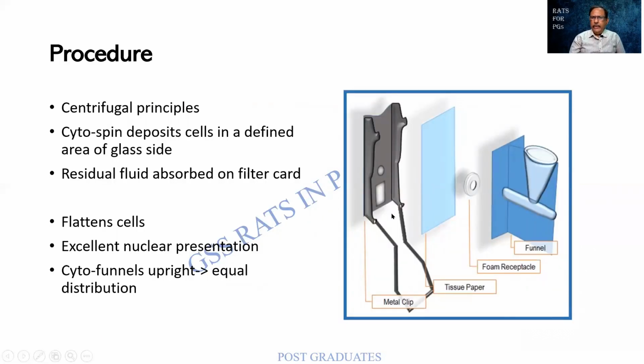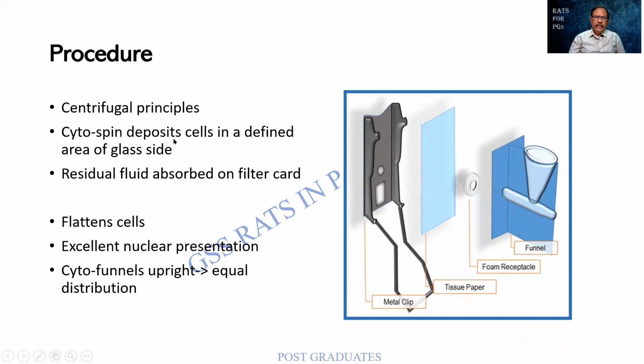This again is explained over here. So this is a funnel, this is a tube, and this is a filter. There will be a hole, and through this it is transmitted onto a slide which is fixed onto the slide holder or a metal clip. So the principles are centrifugation and centrifugal principles tending to throw off the center.